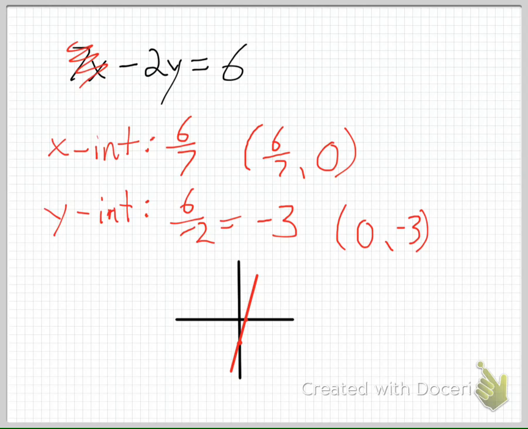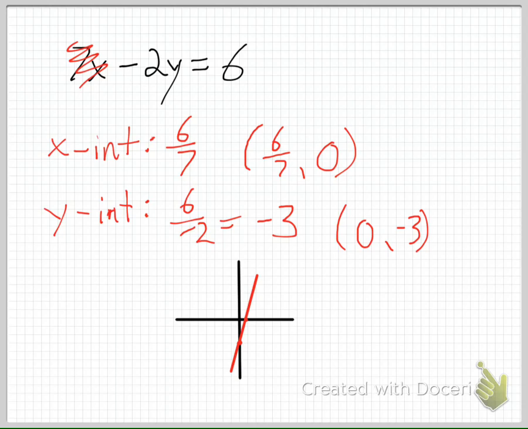Think about it. If I pick an x value, any x value, 1, 2, 3, 4, 0, -18, 27, 172, whatever I pick for my x value, if I plug that in, can I solve it for y? Yes.